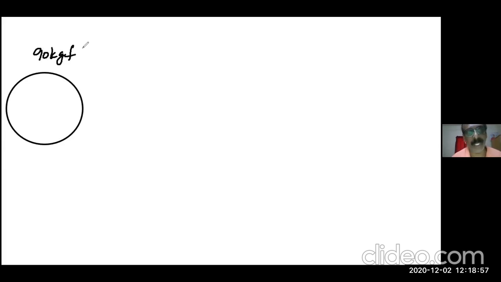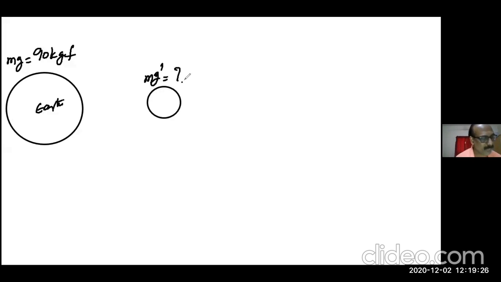A body weighs 90 kilogram force, kgf. This is a unit. 90 kilogram force on the surface of the Earth. That means this is mg on the surface of the Earth. How much will it weigh on the surface of the Mars?